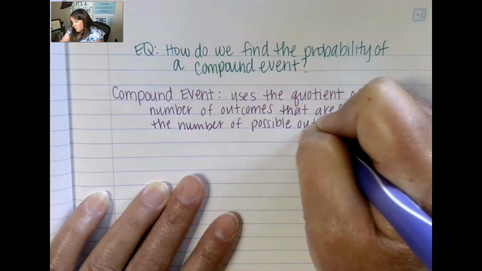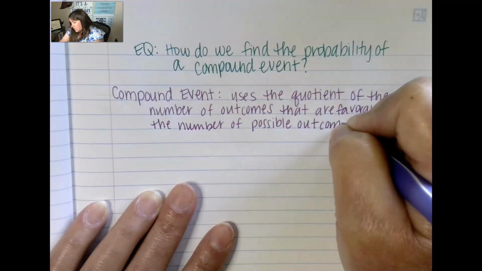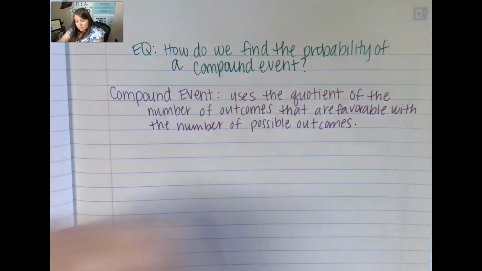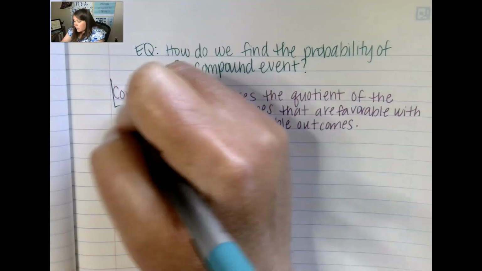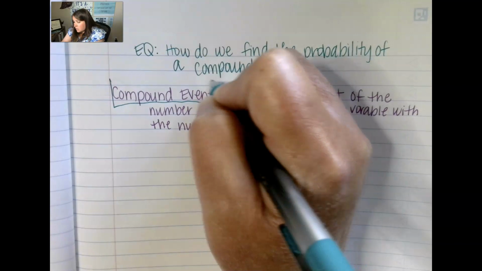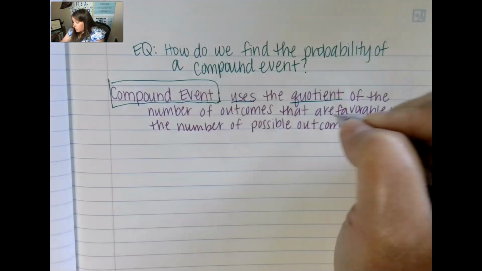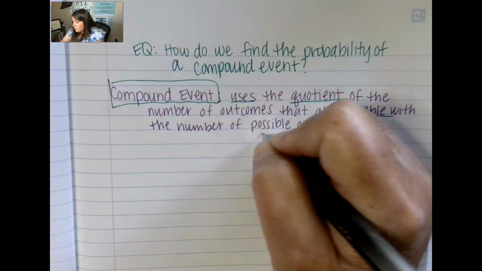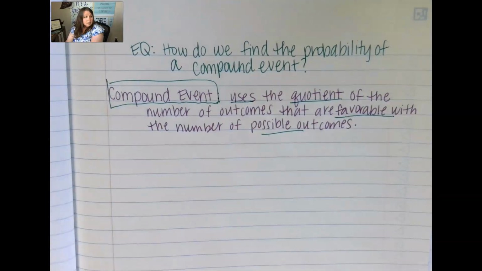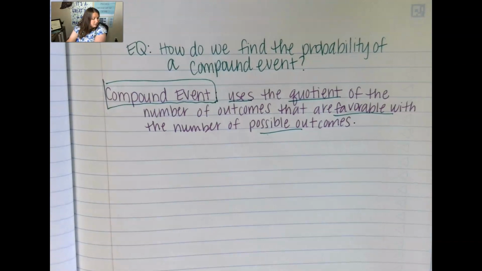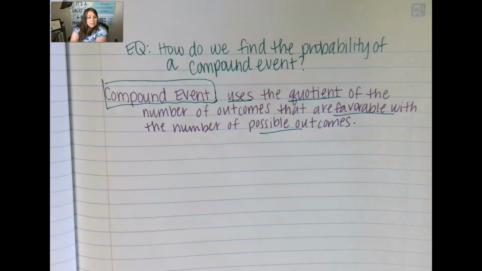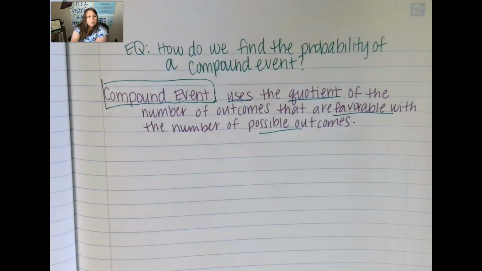So again, we're just going to be making fractions and using division. So compound events are 2 or more events, and it uses the quotient of favorable outcomes and possible outcomes. So let's go ahead and do an example, and then you can see how it works.